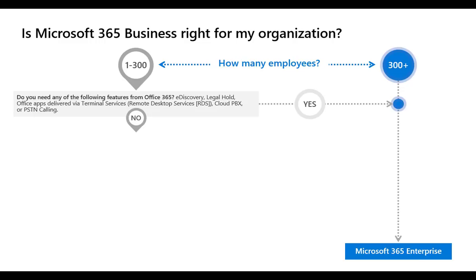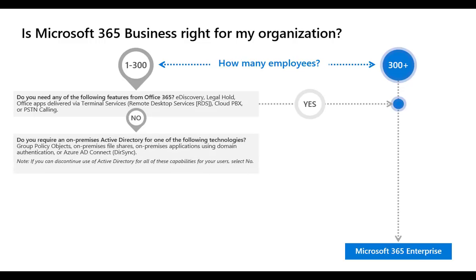But if you don't need that, you just need to determine now whether your environment or the customer's environment needs things like group policy. Do they need to retain on-prem file shares? Are they going to do Azure AD Connect? Is that required? So the reason here is that the Microsoft 365 for Business, the SMB solution, is very much targeted at an environment that no longer requires an on-prem traditional domain controller.